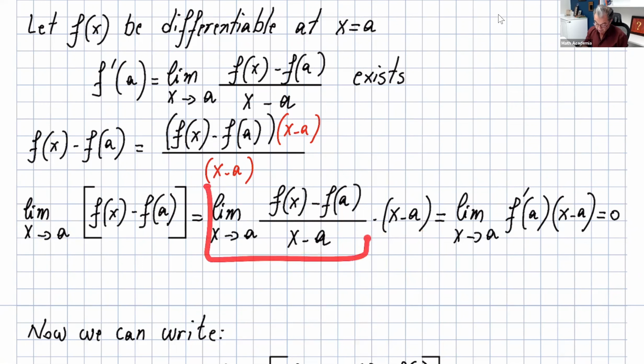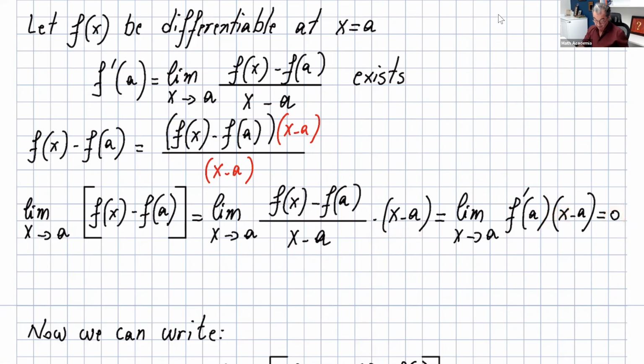But we all know that the first part is just the derivative of the function at x equals a, or f prime of a. And that's times x minus a. And if you put a here, you get the answer is 0.